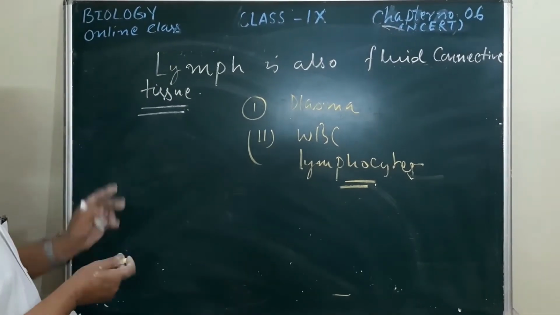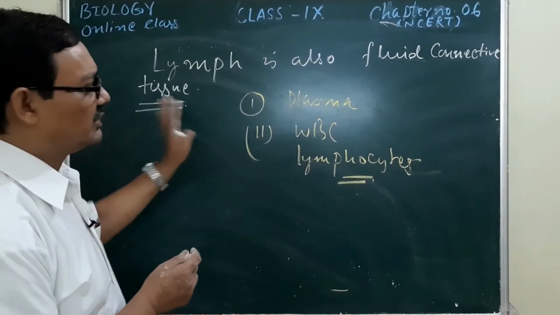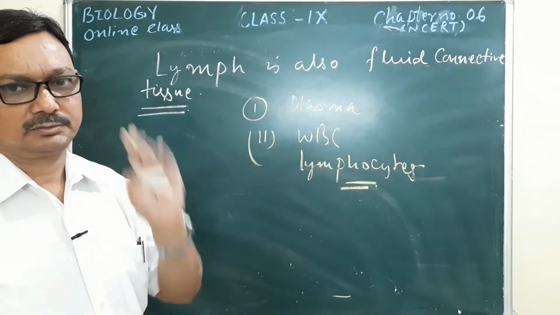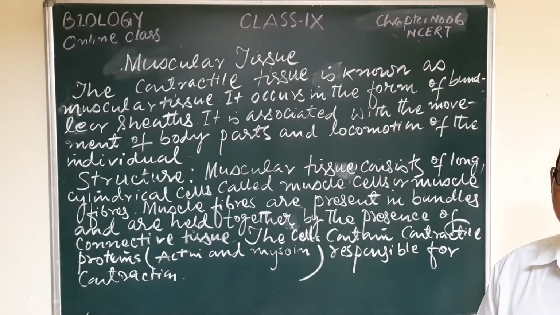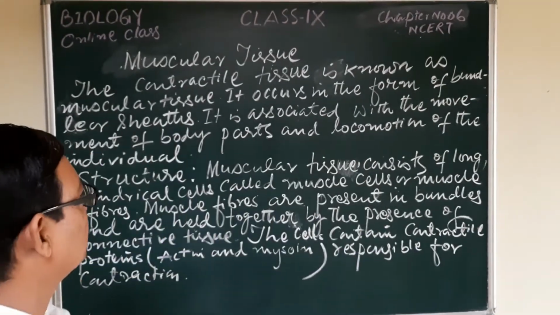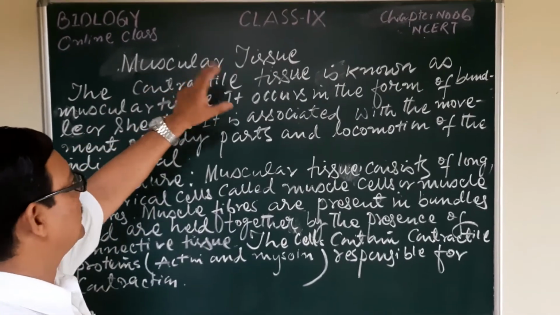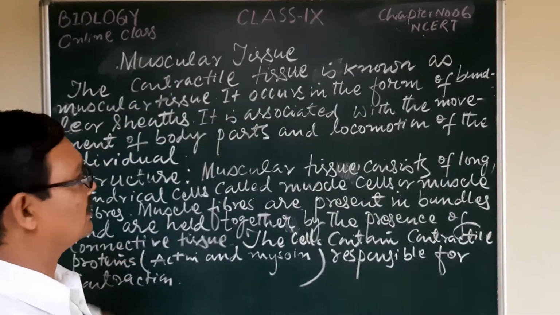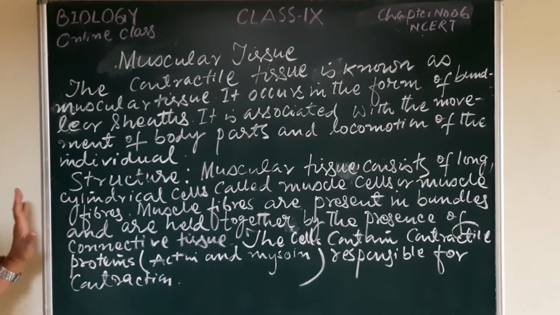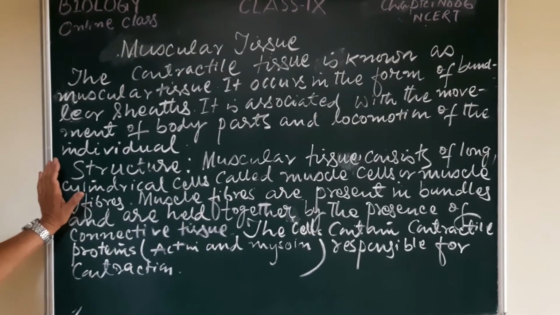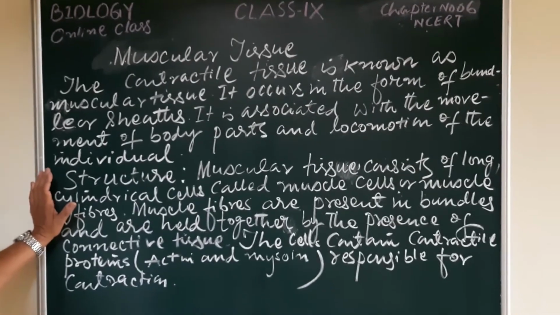In this way, we have now completed all the types of connective tissue. There are two more tissues in the animal, the muscular tissue and the nervous tissue. We have already discussed the epithelium and its various types.